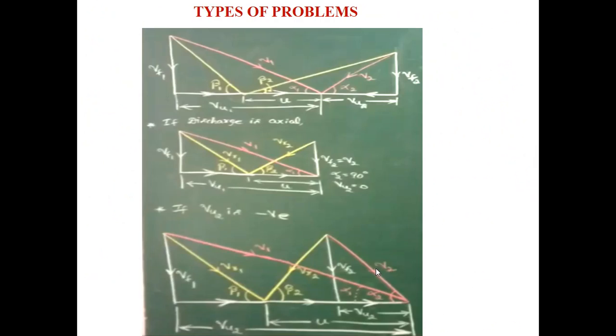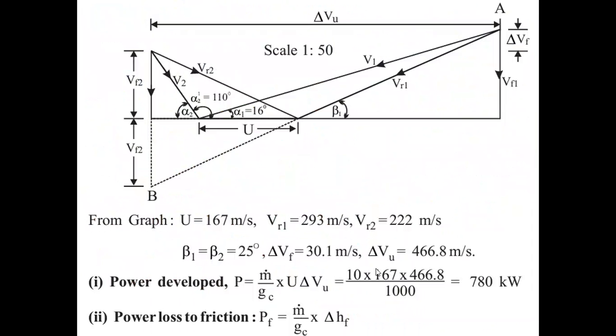Okay. So using this procedure, mirror images of the velocity triangle are the same. Either you can take VF2 equal to VF2 on the bottom side, or VF1 on the top side equal to VF1 on the bottom side. Both you can take the same as it is.